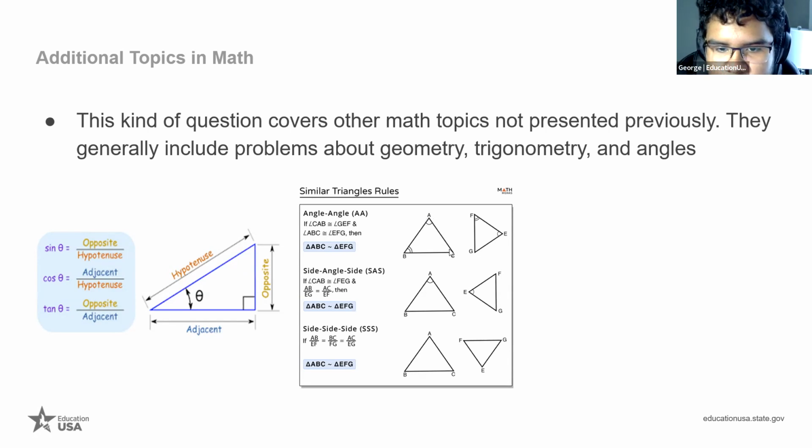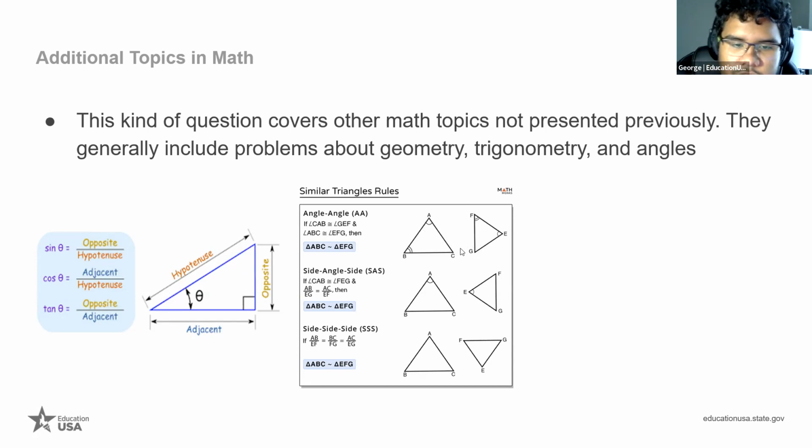So for example, if the angle CAB is equivalent to the angle GEF here, and the angle ABC, which is an angle that's right next to the one we just talked about, is the same as the corresponding angle on the other triangle, which is EFG, then that means these are similar triangles, because since we determined that two angles are the same size, that means the third one will also be the same size.